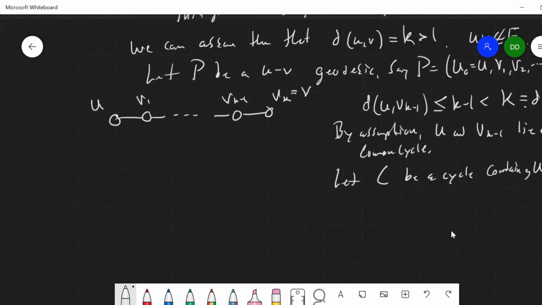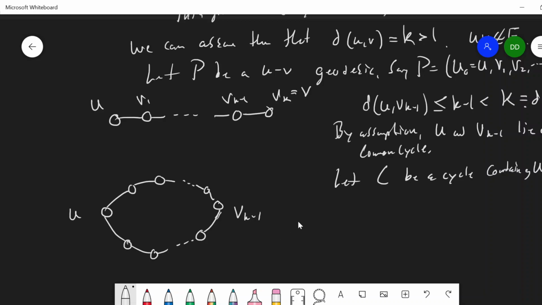All right, so I'm going to draw a new picture for this. So I have my cycle containing u and vk minus 1. So I'll put u here, and how about vk minus 1 there? And I have some cycle. This is how I would draw a general cycle, with some dot, dot, dots here and over here too. So here's my cycle containing u and vk minus 1.